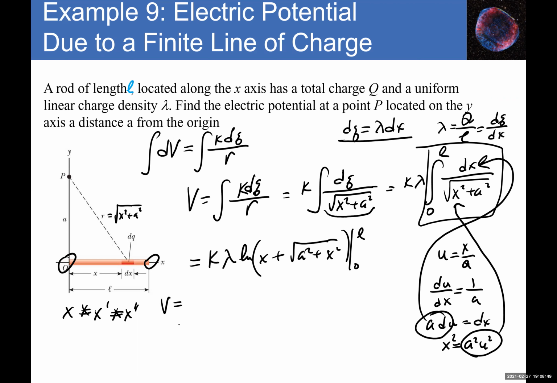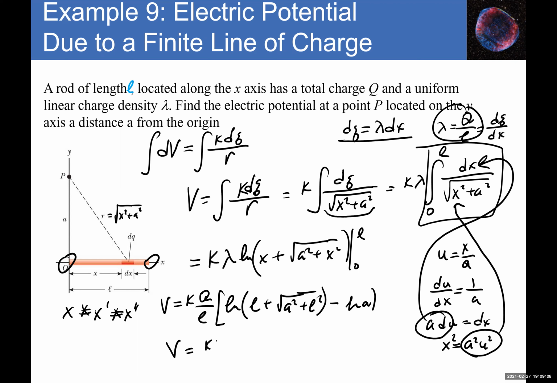And then we can replace lambda with q over L. So it becomes k q over L times ln of L plus square root of a squared plus L squared, minus ln of a, which can give us k q over L times ln of L plus square root of a squared plus L squared, over a.